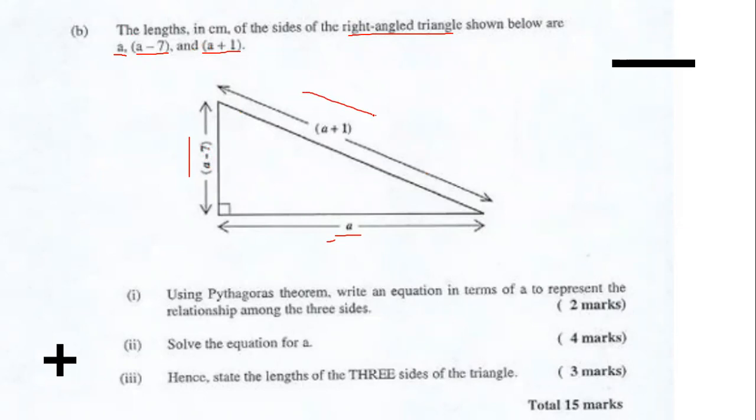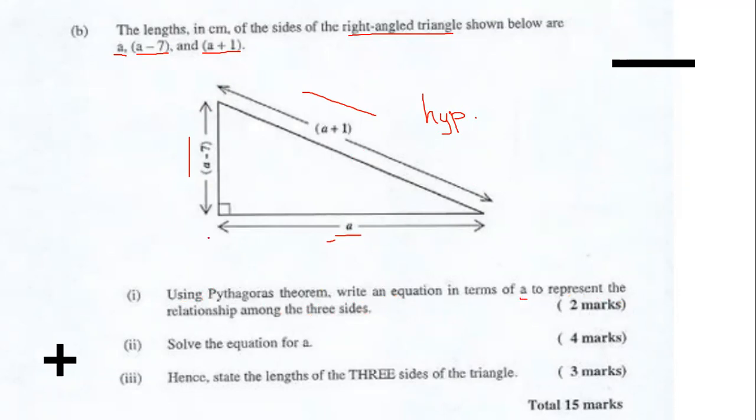We're looking at Pythagoras' theorem, a right angle triangle. What is this side? What's the longest side? What is this side over here named in a right angle triangle? The hypotenuse, right? Hypotenuse. This is the abbreviated form of it, right? So part 1 is asking us to use the Pythagoras theorem and write an equation in terms of A to represent the relationship among the three sides.